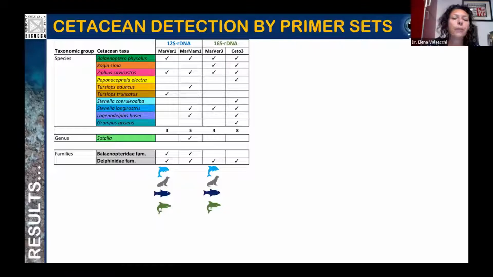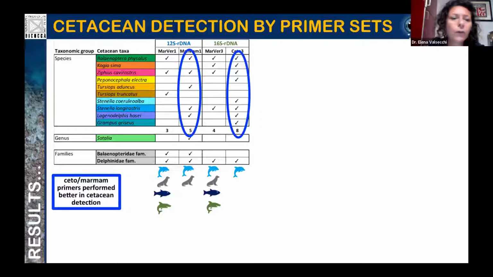The highlighted ones are vertebrate specific, both for the 12S and the 16S locus. Then we have one marine mammal specific, because it will also amplify pinnipeds, and the cetacean-specific primer for the 16S DNA.